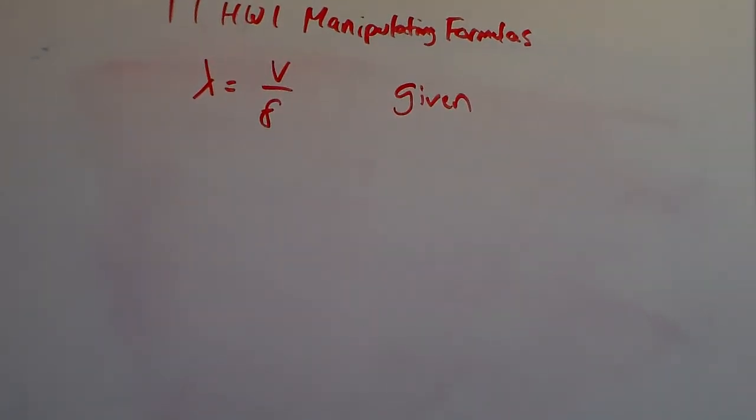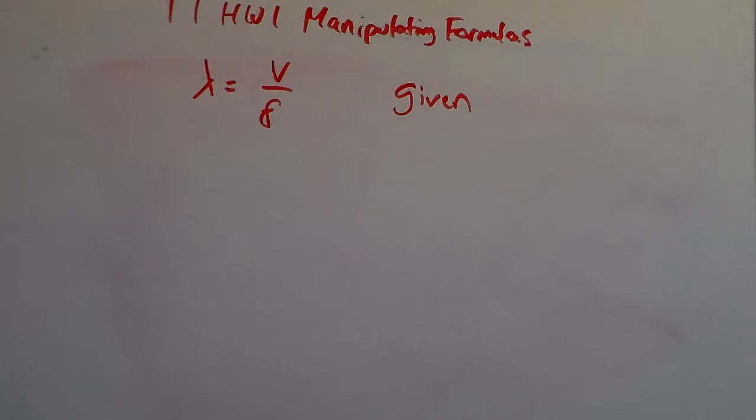Alright, notice here in problem number 2, it's the same wavelength equation that we're working with, where lambda stands for the wavelength, v stands for the wave velocity, and f stands for the frequency. Now our goal here in problem number 2, it says, which formula shows how the wave velocity can be determined? AKA, we have to get the wave velocity letter all by itself.